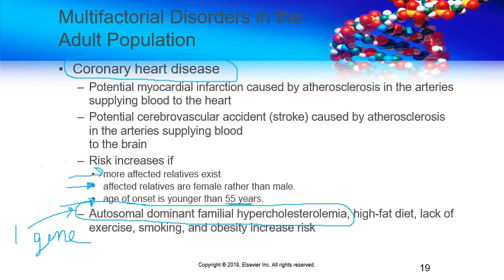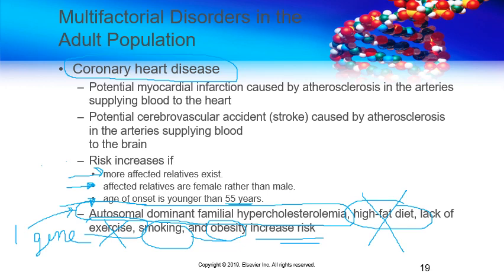Now, if you add that with the high-fat diet, not exercising, put smoking on that, all of that's going to lead to obesity, and that's going to increase the risk. So the things that you can change, or that your patient can change, is that high-fat diet. They can exercise and stop smoking, and hopefully that will help with their obesity and thus decrease their risk.